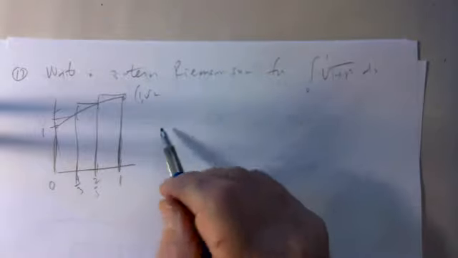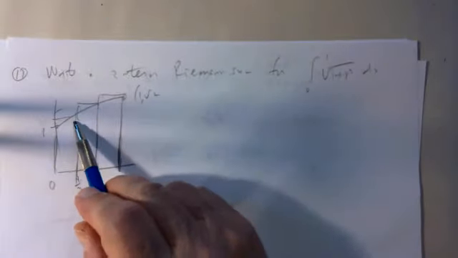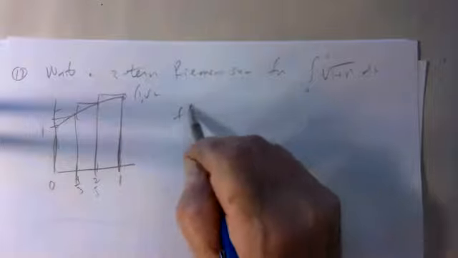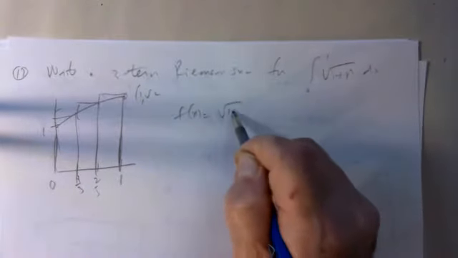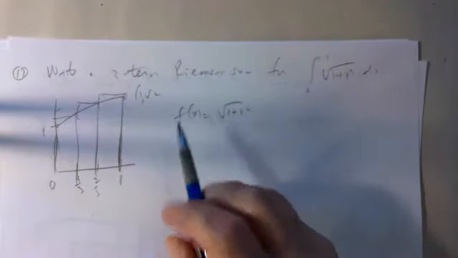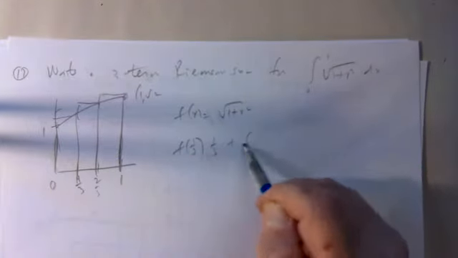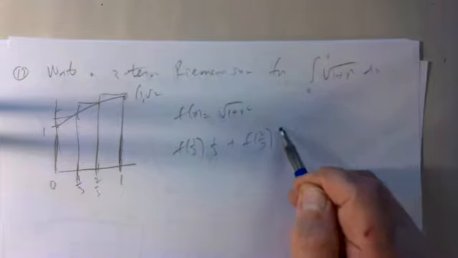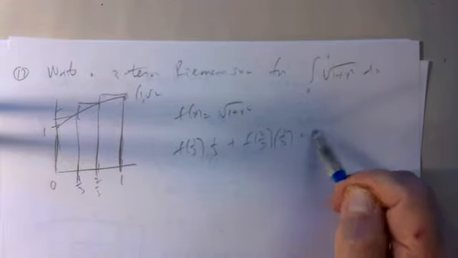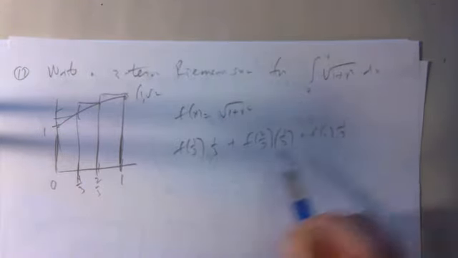And you could just take these 3 rectangles. So the Riemann sum would be the value of the function at 1/3. Suppose we let f of x be the square root of 1 plus x squared. So you could take f of 1/3 times 1/3, f of 2/3 times 1/3, f of 1 times 1/3.